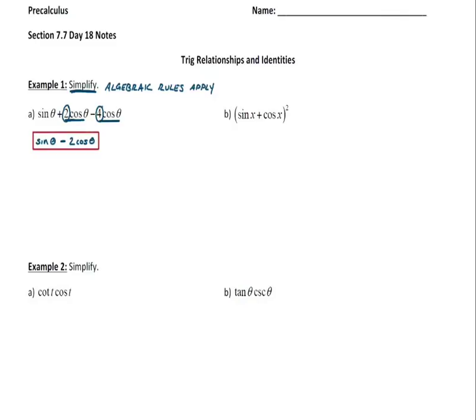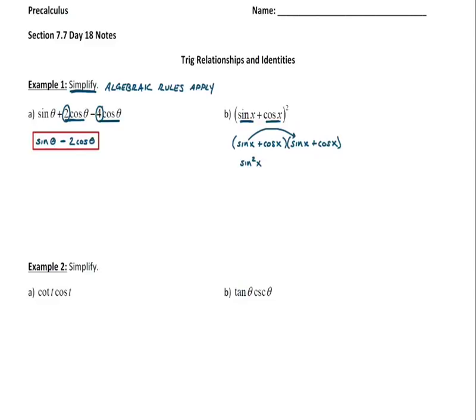Now if you look at example B, I have a binomial squared, so sine of x plus cosine of x quantity squared, and if I want to multiply that out, one way to do it is to write that binomial twice and then double distribute, or you might call it FOIL. So if I do that, sine of x times sine of x is sine squared of x. Remember that squared in between the sine and the x is just saying we're squaring the whole thing.